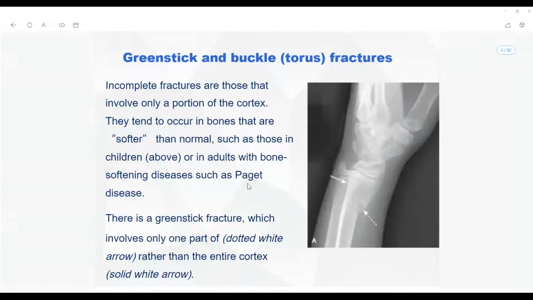So greenstick fracture generally occurs in children. Remember that one. I stress this a lot because the radius and ulna are the most common regions where children have a greenstick fracture. Children are the ones who walk a lot.